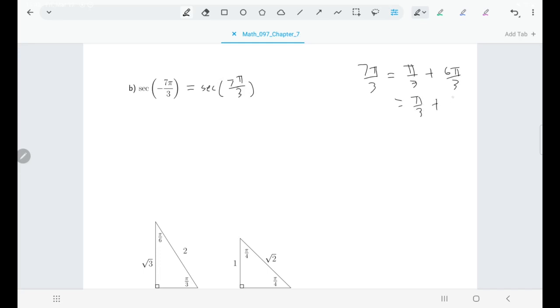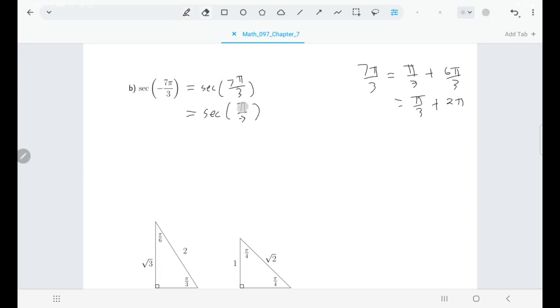So in other words, if I'm thinking about my value for what is secant of 7 pi over 3, since 7 pi over 3 and pi over 3 are one full circle apart from each other, secant of 7 pi over 3 and secant of pi over 3 should both be equal.